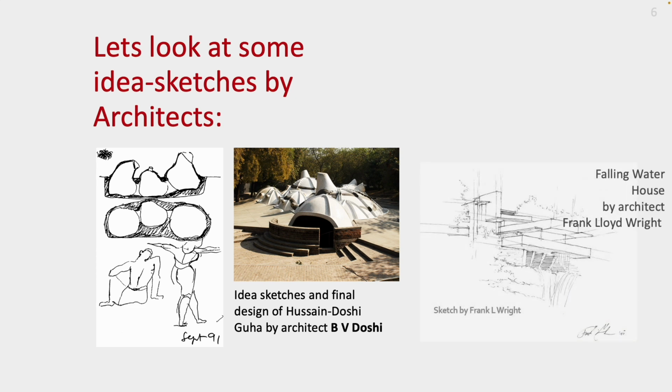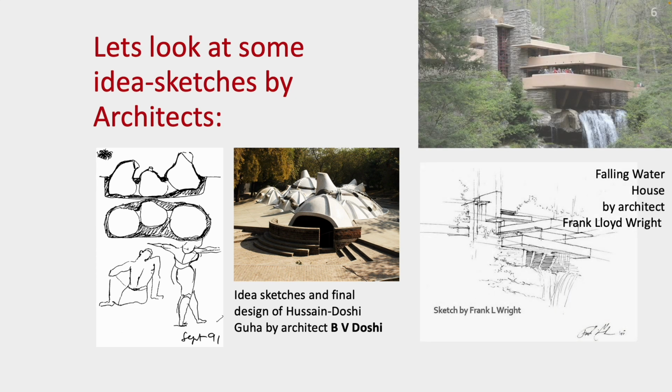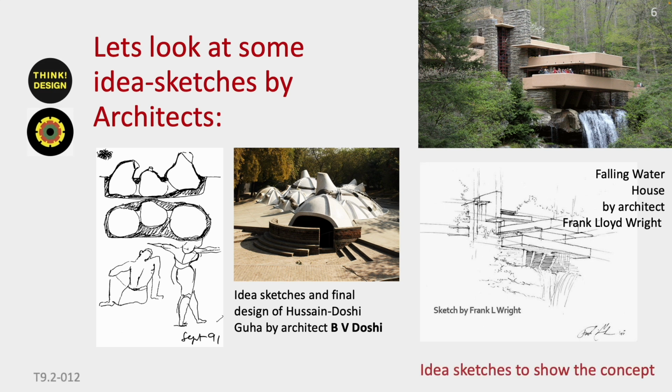This is again by a very famous architect, Frank Lloyd Wright, and he does this beautiful building over a river, and he doesn't spoil anything of the environment. It's almost like the building envelopes the environment, and this is the idea sketch that he did before the house was actually built.